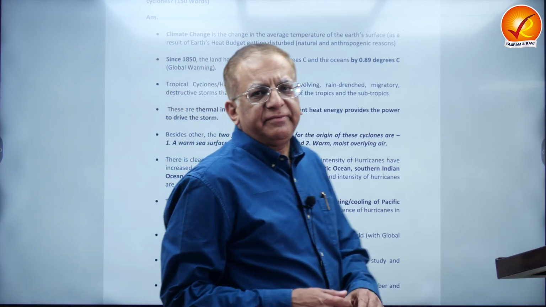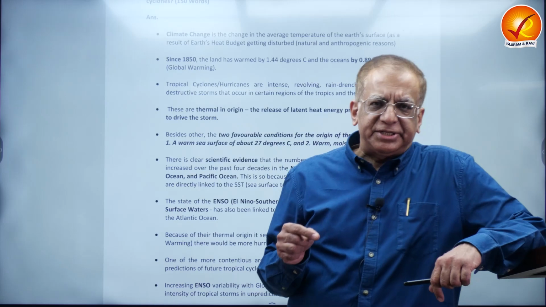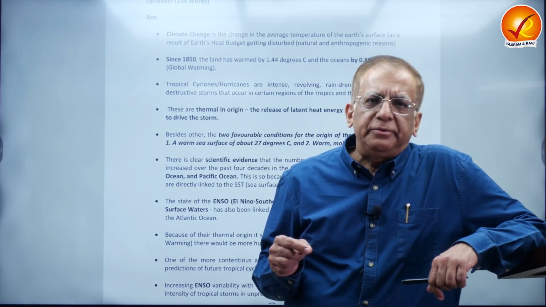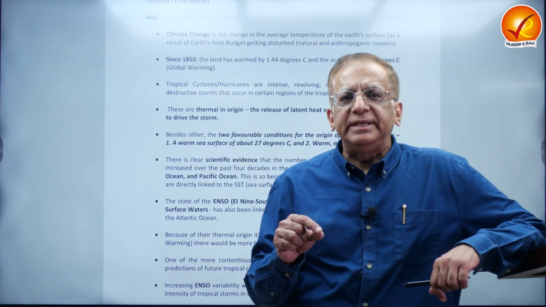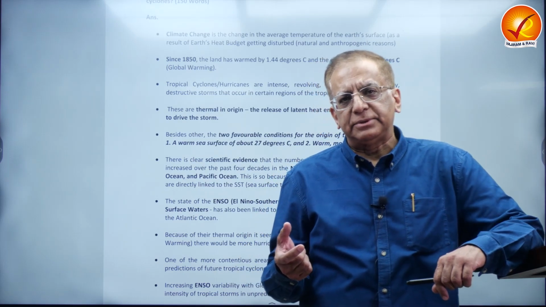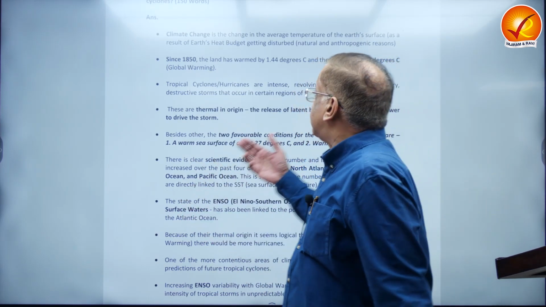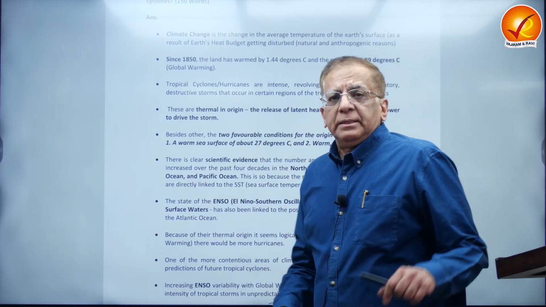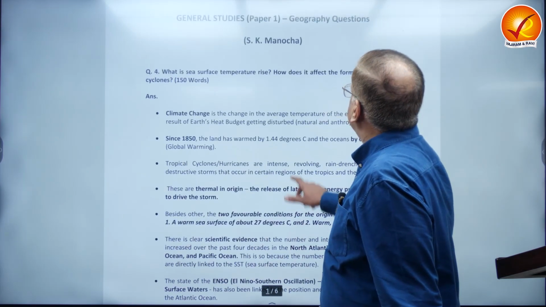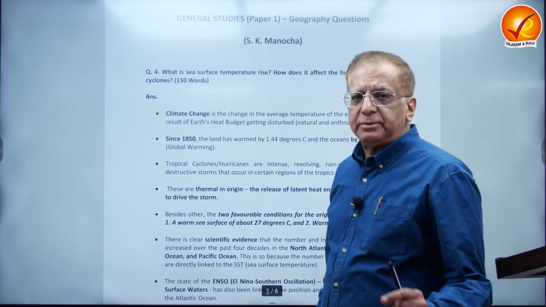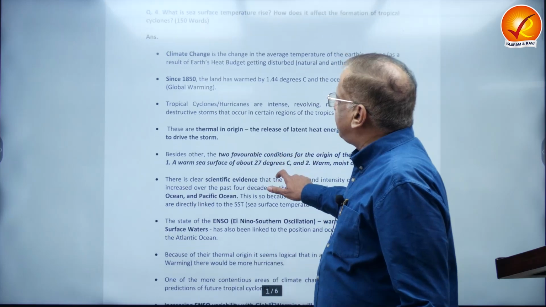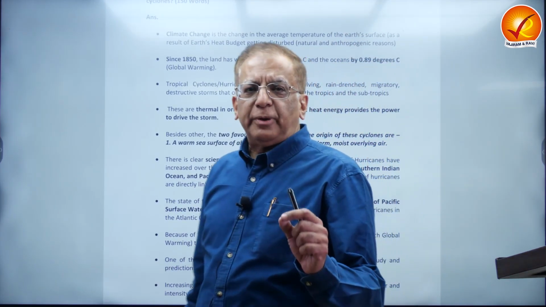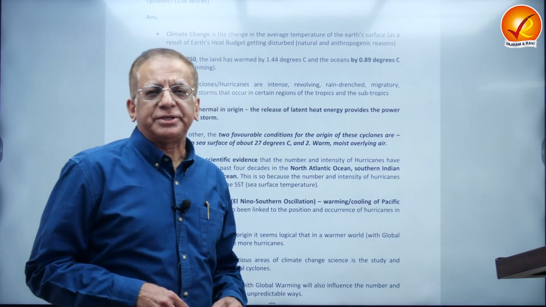And now, having mentioned this rise of temperature, we would talk about the nature of the tropical cyclones, which is in the second part, that we have to relate to the formation of tropical cyclones. Now, you would have read that tropical cyclones are thermal in origin.